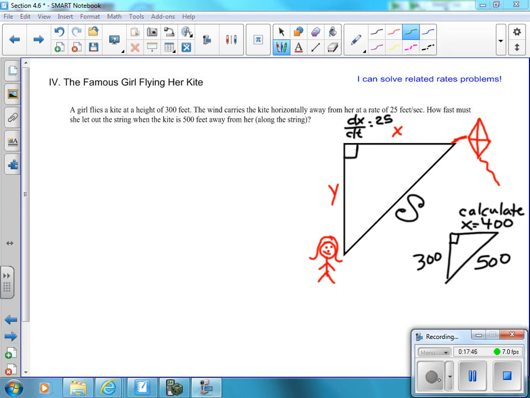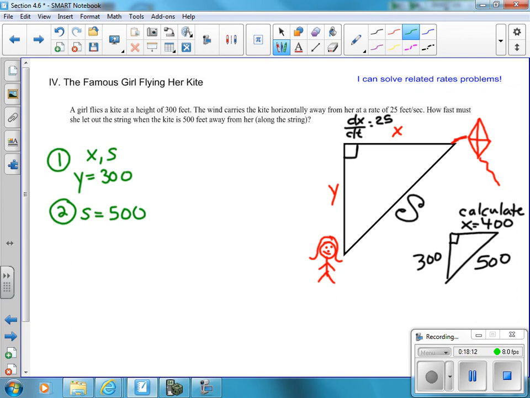Okay, so here we have a girl flying her kite. The kite is at a constant y equals 300 feet. They told us that was constant. The x and the s can change because the kite's moving out and the distance on her string gets longer. What they told us though is at the instant where s equals 500, and we also calculated that when s is 500, x would be 400.